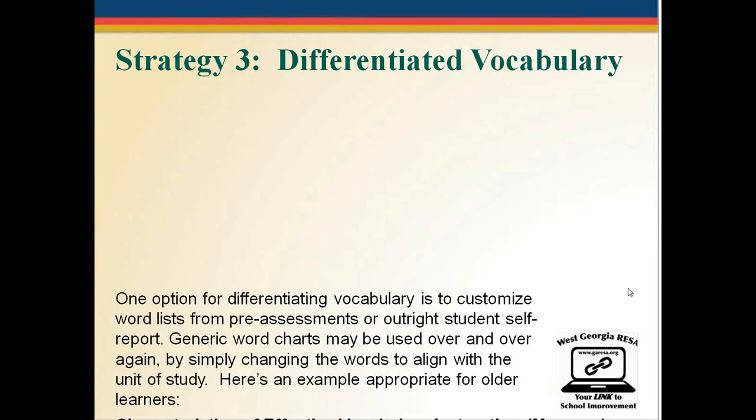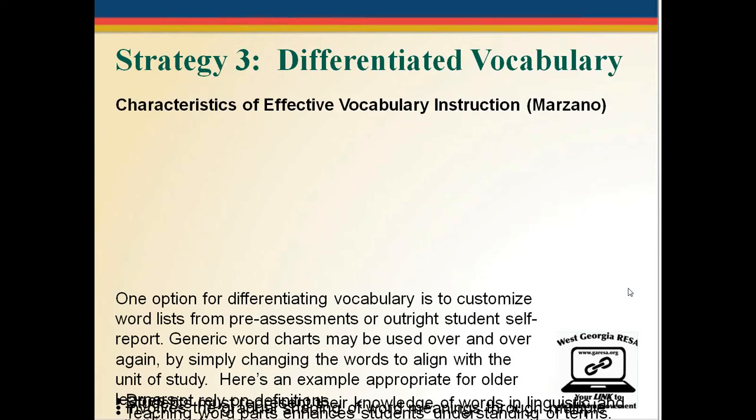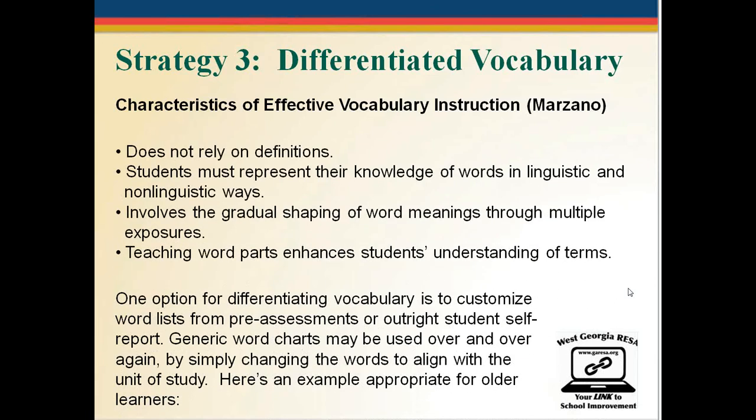Okay, finally, we're at our strategy 3, differentiated vocabulary. And we know from Marzano's research that there are a lot of characteristics of effective vocabulary instruction. For one, the most effective way to learn vocabulary is not to get the flashcards with the word and the definition written and simply try to put that into your brain.